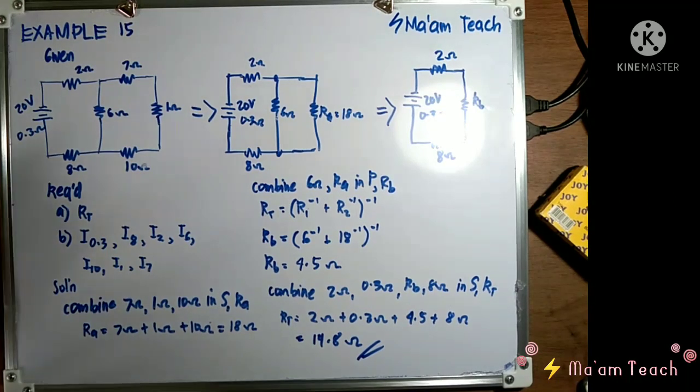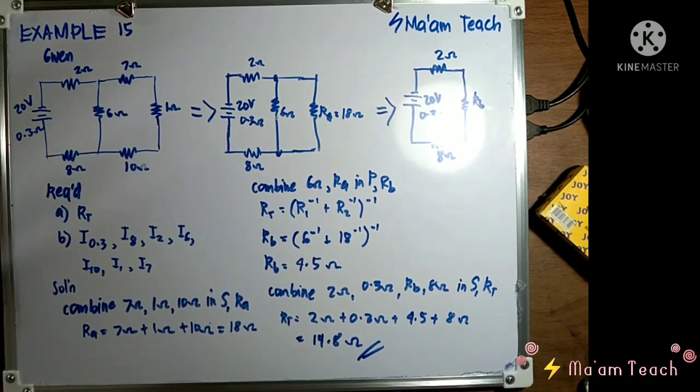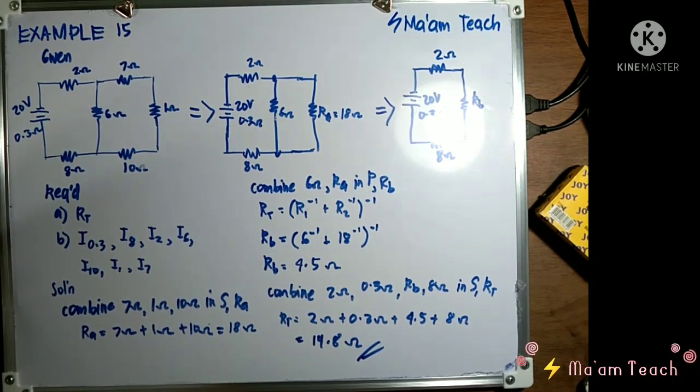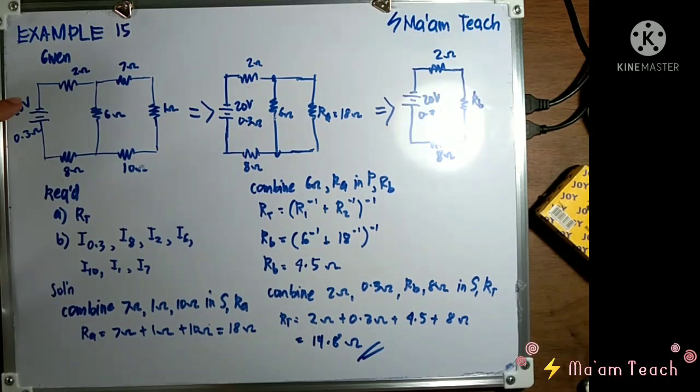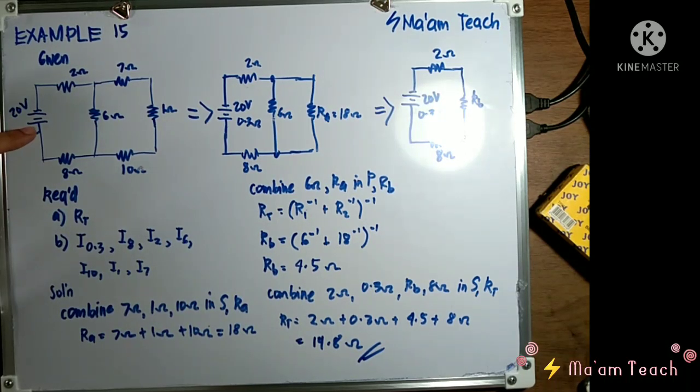Okay, how about for the current in each resistor? Before we do that, class, let us first determine the direction of the currents in our circuit. As you can see here, our source or our battery has a negative terminal here, and this one is the positive terminal.